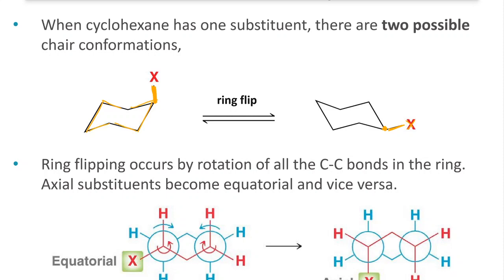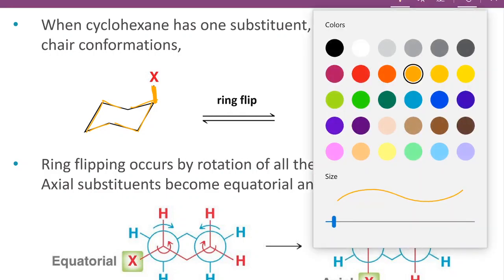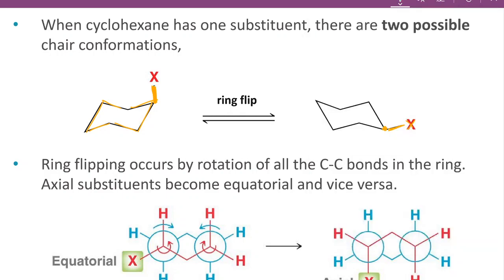Let's draw our axial substituents up, down, up, down, up, down. Now let's get equatorial. If the axial is up, equatorial is down. Axial down, equatorial up, and so on around the ring, and then we fill in all of those with hydrogens.